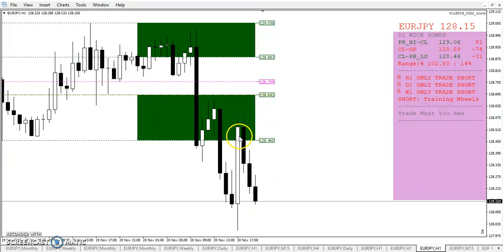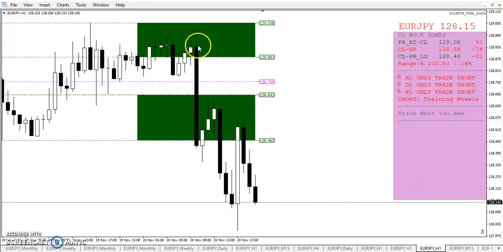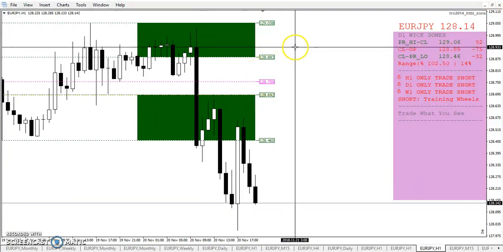And remember these big candlesticks, price has a tendency to like to go back to the open. So you see this open right here? I'll go out on a limb, 128.93.